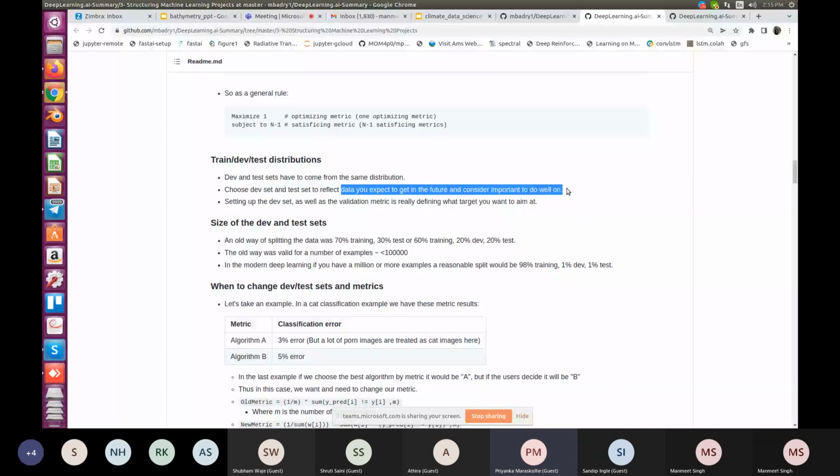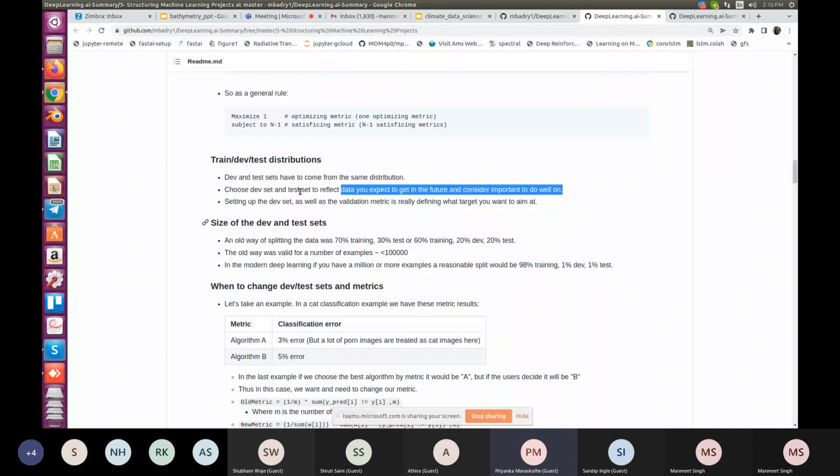So something which would come in future, or something which you care about, you have to choose as the dev set or test set. And setting up the dev set as well as the validation metric is really defining what target you want to aim at. So in the ideal world, what is it that you want from your model? That basically depends upon how you choose your dev set as well as the validation metric.